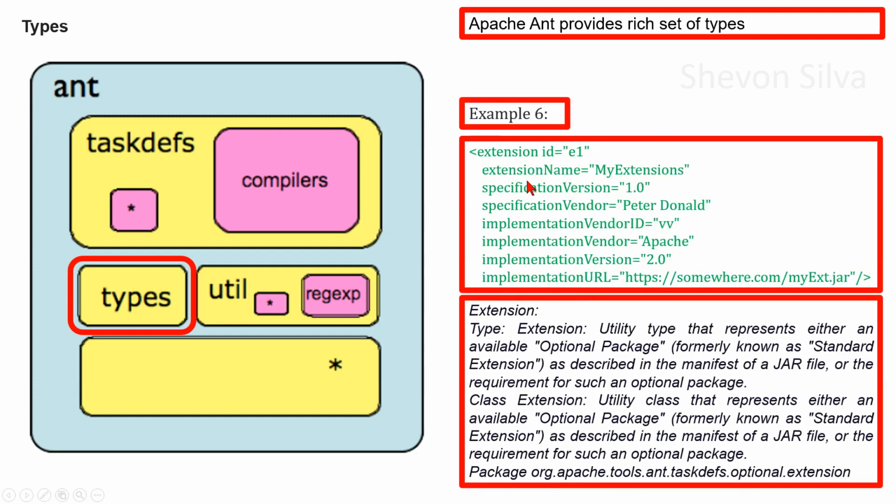Now we are considering extension, type Extension, a utility type that represents either an available optional package, formerly known as standard extension, as described in the manifest of a jar file, or the requirement for such an optional package.